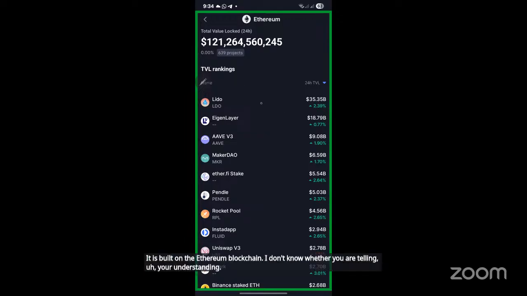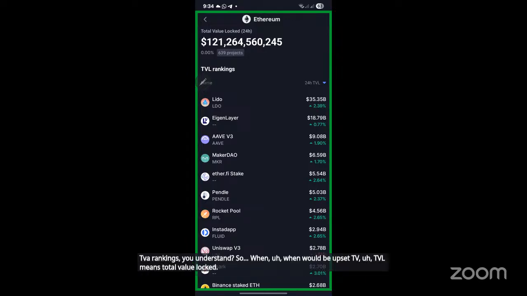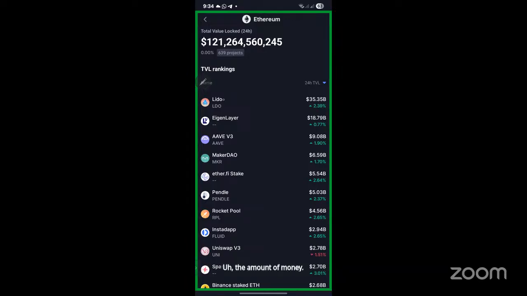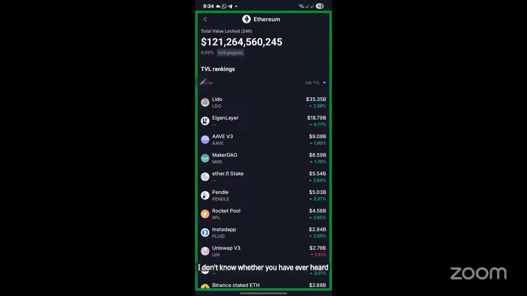TVL rankings, you understand? When we say TVL means total value locked, it is the amount of money left in this coin that is locked. I don't know whether you have ever heard of locked liquidity and unlocked liquidity.